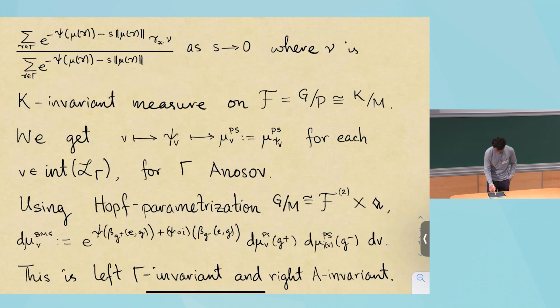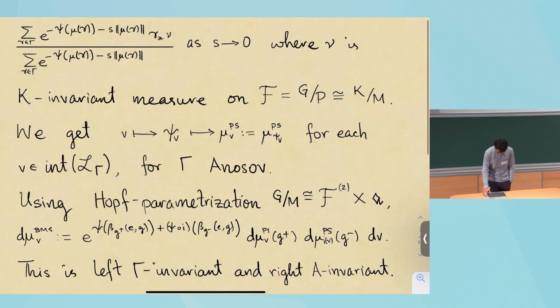And in this formulation, you take S to 0. And you get a measure on the Furstenberg boundary, and this will be supported on the limit set.